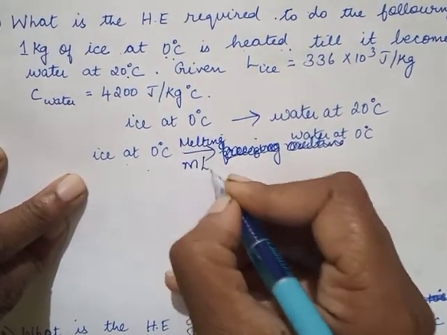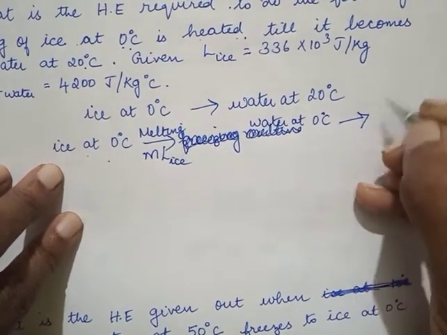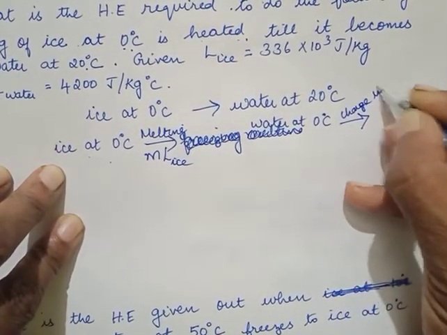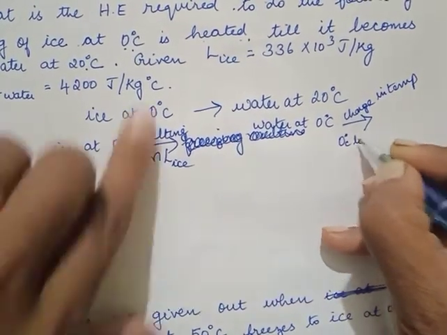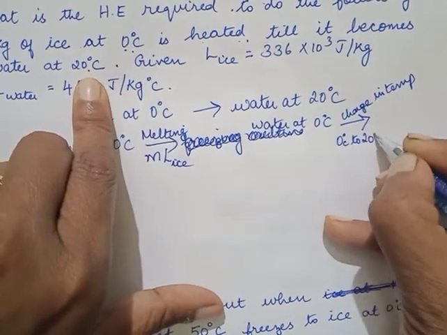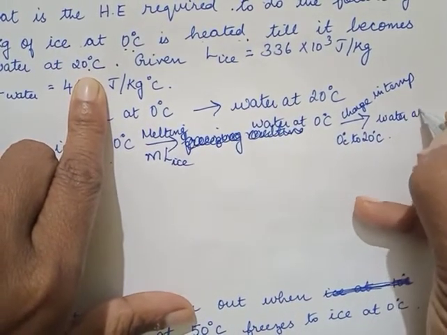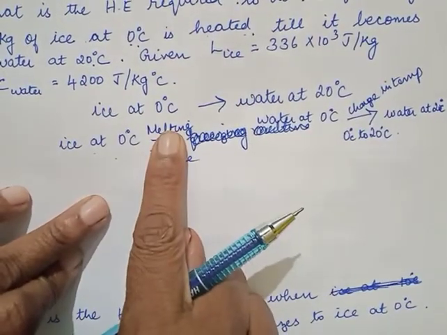M into L of ice. Then this water at 0 has to undergo change in temperature from 0 degree Celsius to 20 degree Celsius. Water at 20 degree Celsius. Is it clear? So first will be melting.